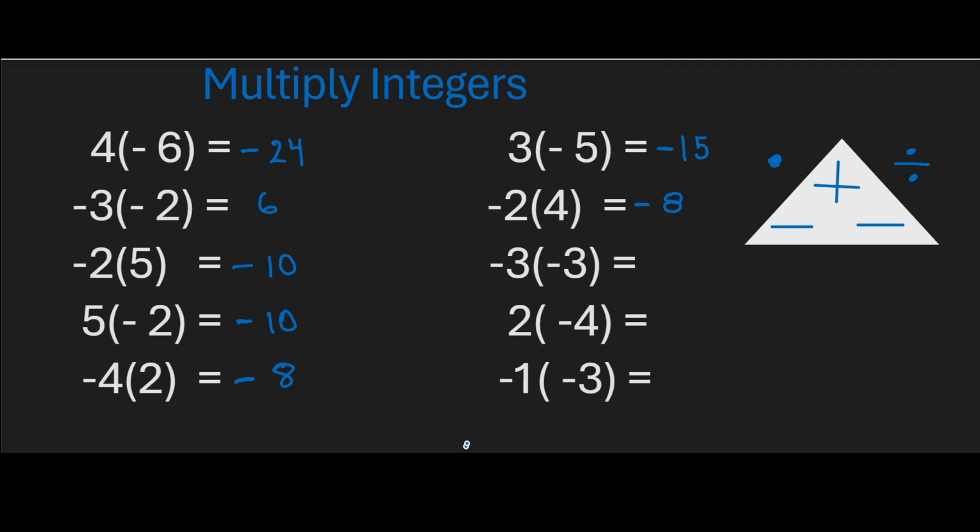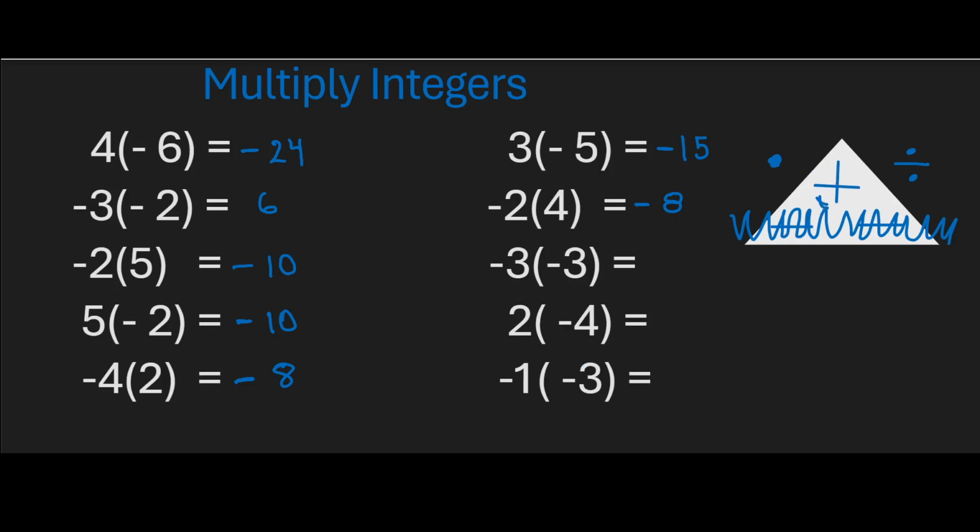The next one, you multiply negative times a negative. Well, what you're going to do is cover the two signs that you have in that multiplication. This is negative times a negative, right? And that shows that the answer is going to be positive.